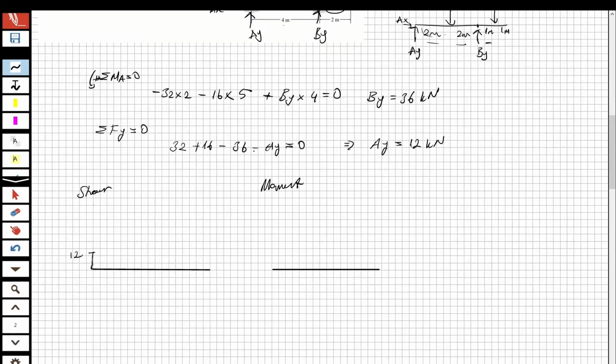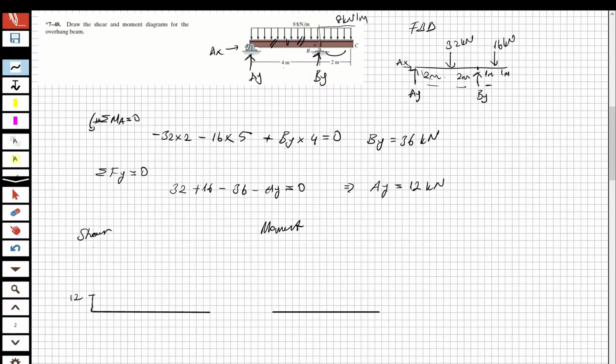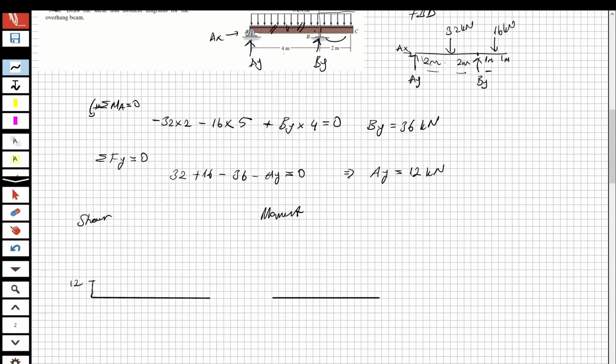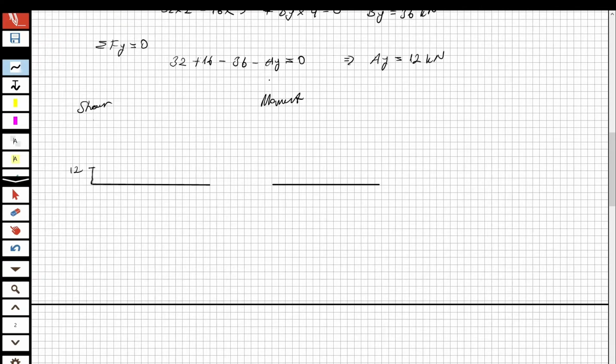So I have a 32 from A to B, right? 32. And for example, this is point B. So I'm going to apply the 32, and I reach the point 20.